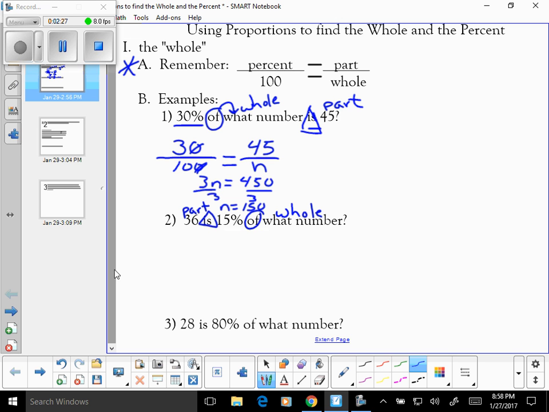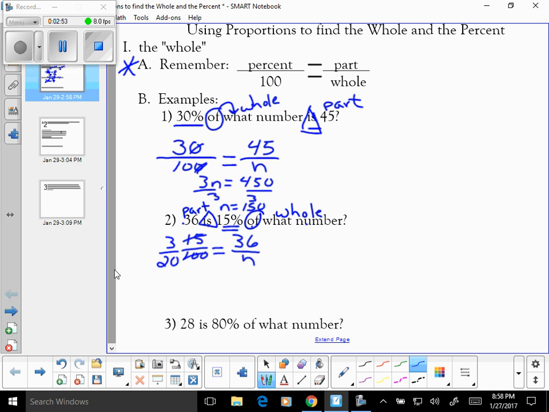Let's look at example 2. Where's my percent? 15. 15 over 100, percent over 100 equals, "is" tells me the part, "of" tells me the whole, which I don't know, which is n. Would I reduce this one? Yes, I would. 3 over 20.